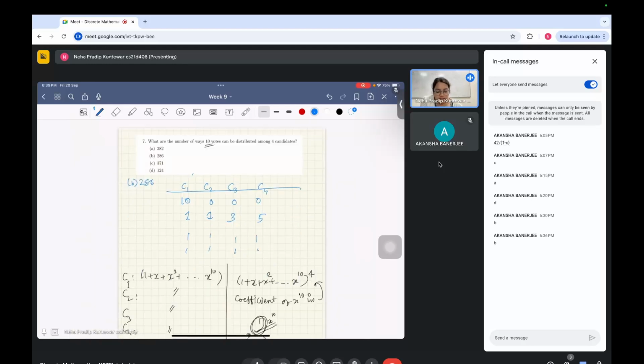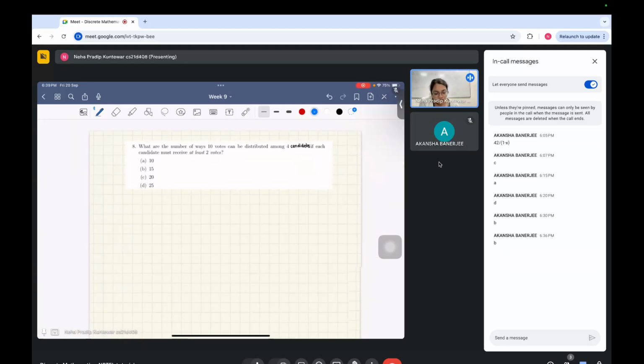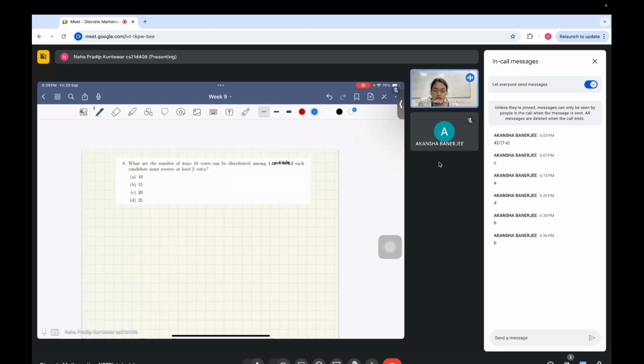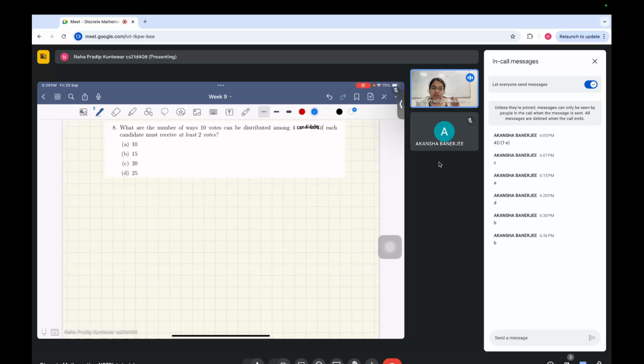Okay, so now let's tweak the question slightly. Instead of distributing the votes howsoever I want, now additionally I'm adding a constraint that each of the candidates must get at least 2 votes. So something like this would be discarded.